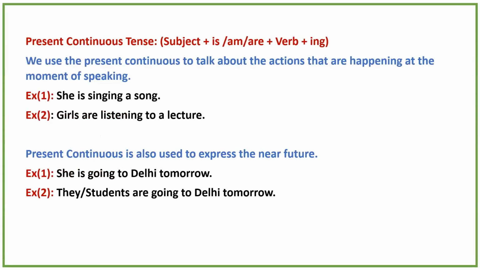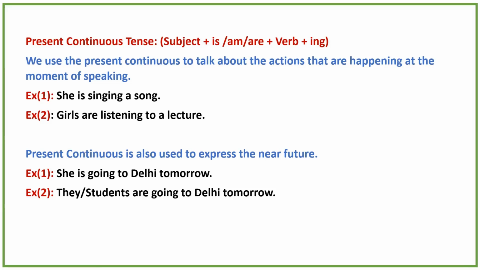Next, present continuous tense. We use present continuous tense to talk about the actions that are happening at the moment of speaking. Example, she is singing a song at present. At that time, you will use present continuous tense. Girls are listening to a lecture now at present.